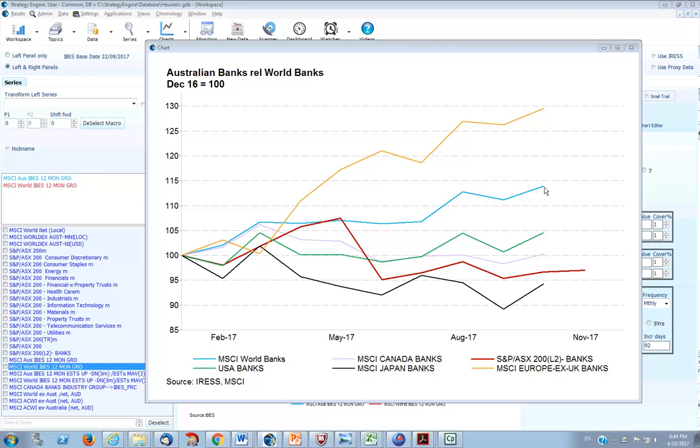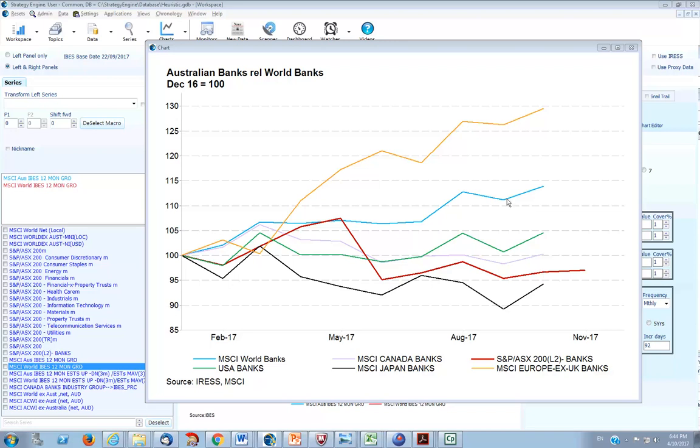Global banks are up in price terms around about 13-14%. The domestic bank sector, the red line, is down by about 3%. So there's a fairly significant 15-16% underperformance on 28% of your index. That's a major headwind that the domestic equity market has had to contend with.